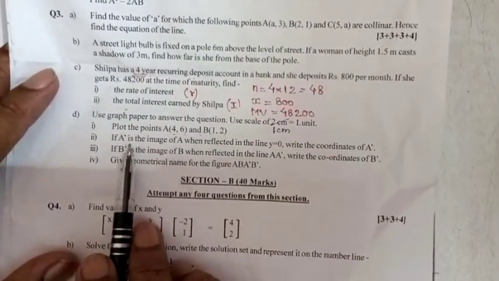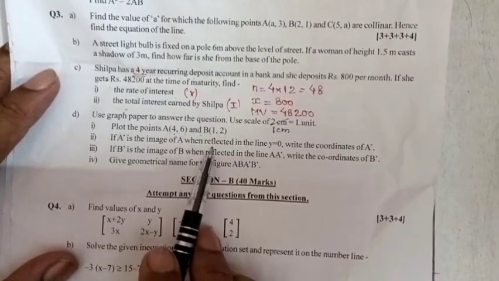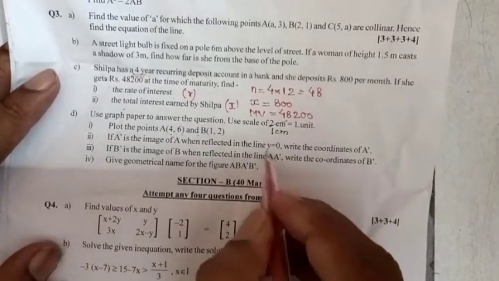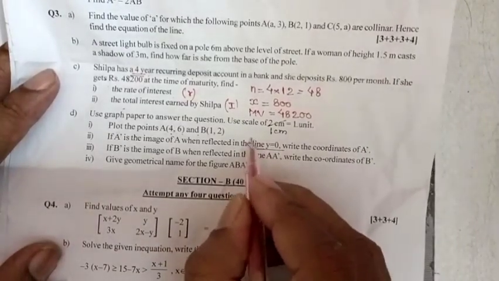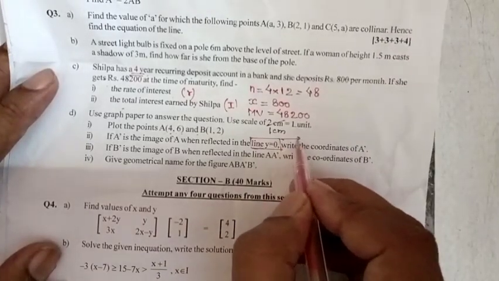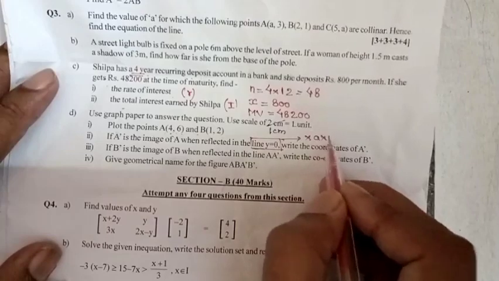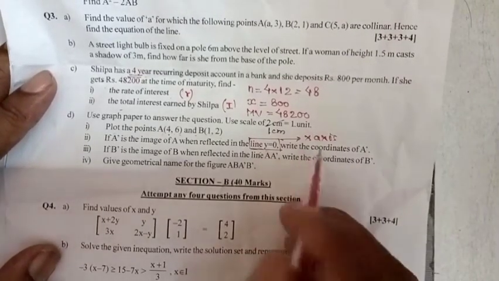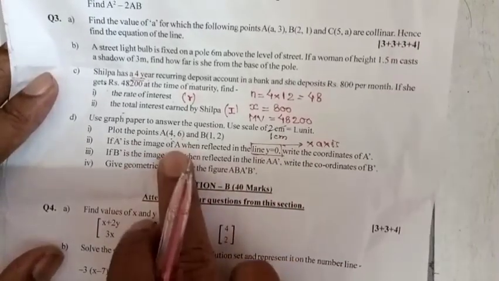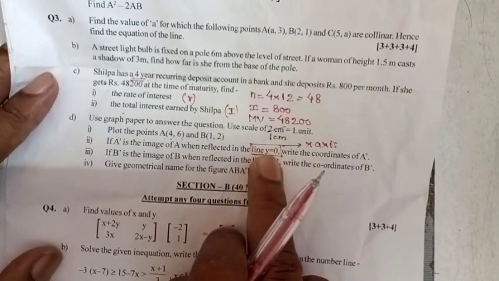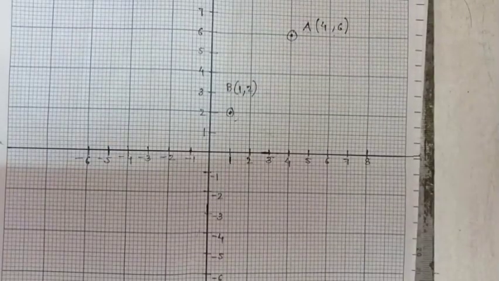Now they say A' is the image of A when reflected in the line y = 0. Now consider this line y = 0. Now y = 0 means x-axis, because y = 0 is the equation of the x-axis. So that means point A is to be reflected in the line y = 0. We can do it here only.